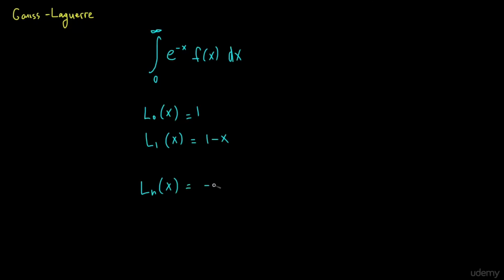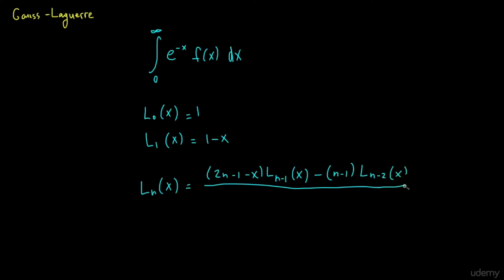It's a fraction, and on top we have 2n minus 1 minus x times L n minus 1 of x, minus n minus 1 times L n minus 2 of x. And this is all divided by n.